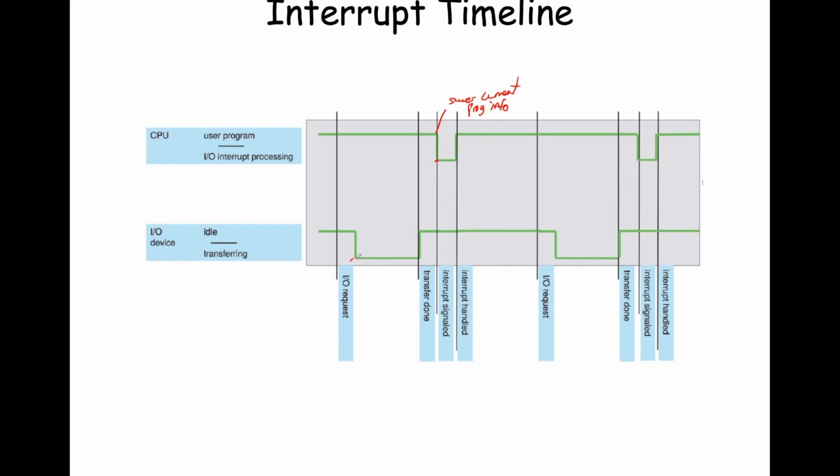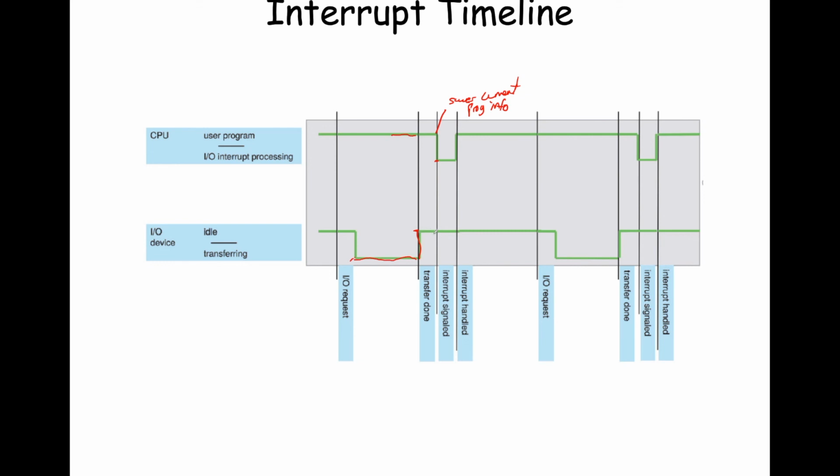That transfer takes some amount of time to happen, and while it's happening, the CPU is merrily running that user program, in time, where time increases going to the right. Then the transfer is done into the I/O buffer, and now that I/O device is idle. The disk stops spinning. The network card is no longer taking data across the network, and it's in the buffer.